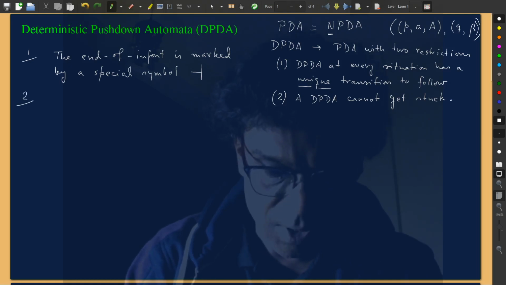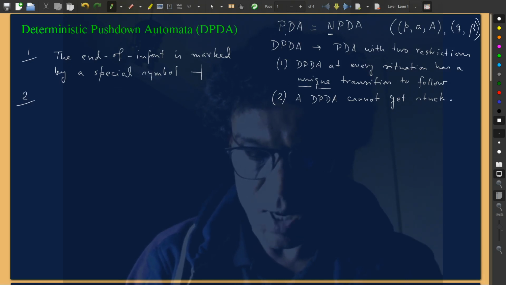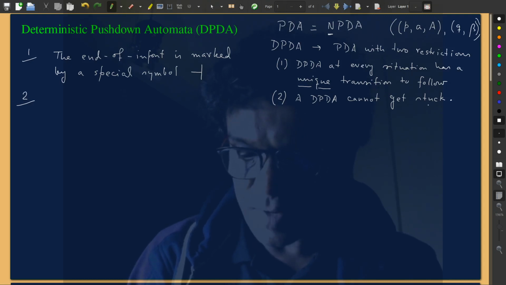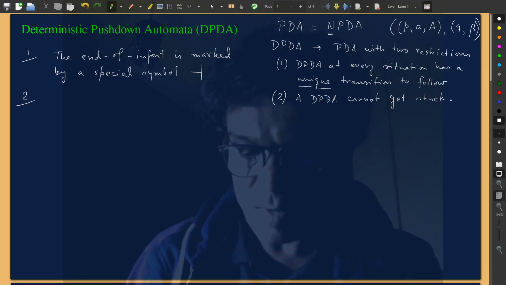Second, you recall that if the stack becomes empty, the PDA gets stuck. If it is in a final state, it's okay. But this stuck behavior is not allowed for a DPDA. Whenever the stack gets empty, any PDA gets stuck, so for the DPDA, we do not allow this to happen.